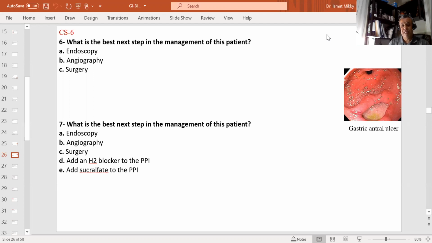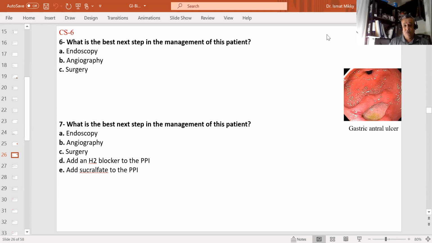So number 7, the next step would be a surgical procedure. Surgery is the best next step in the management of complicated peptic ulcer disease, PUD, with persistent or massive recurrent GI bleeding.